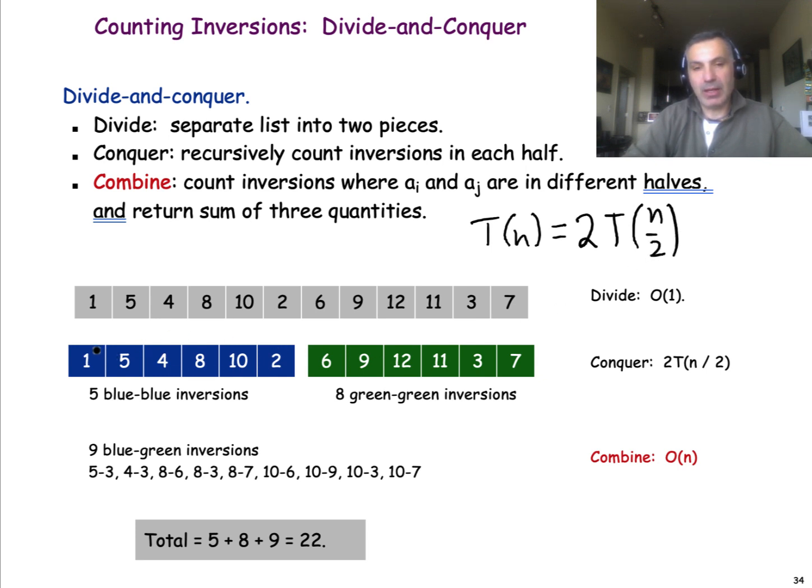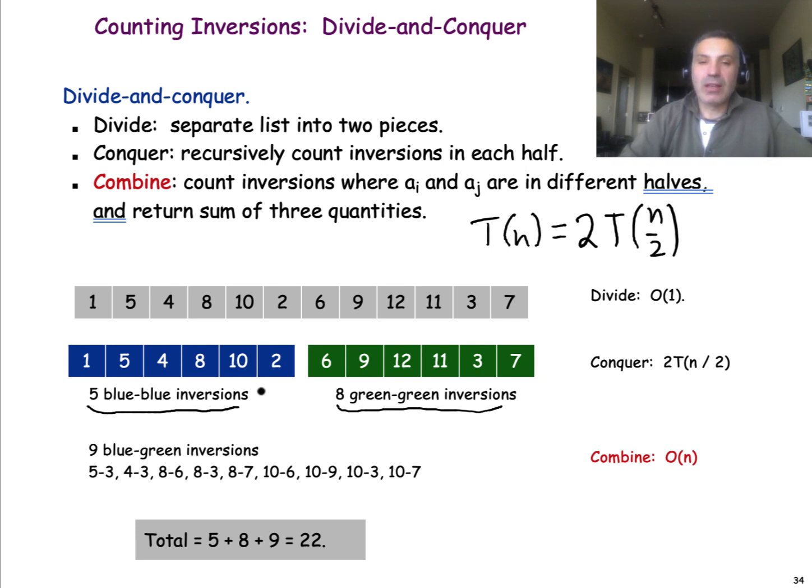It means basically to sort the corresponding array and at the same time count the number of inversions in that array. So for instance, this is how we would get that the blue array has 5 inversions and the green has 8. But then, as we discussed before, you have to merge these two arrays and at the same time count how many inversions they have using that merge and count function.